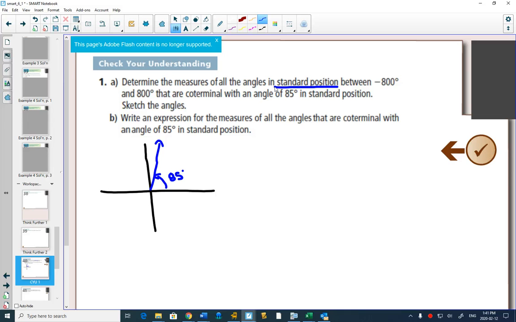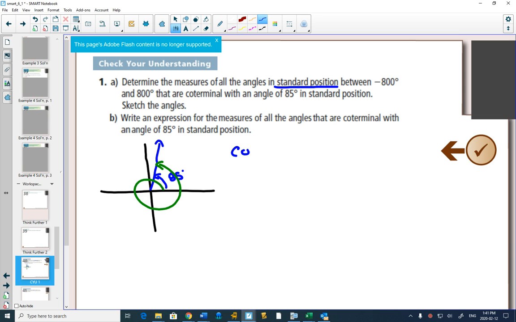I'm going to use lots of colors and get you really hypnotized here. Can you see that if you would start at 85 and go all the way around, how many degrees are there in a circle? 360. So this one in green would be 360 plus 85.